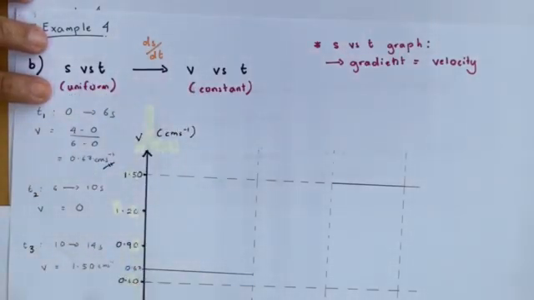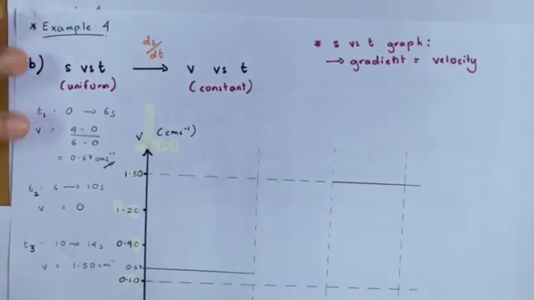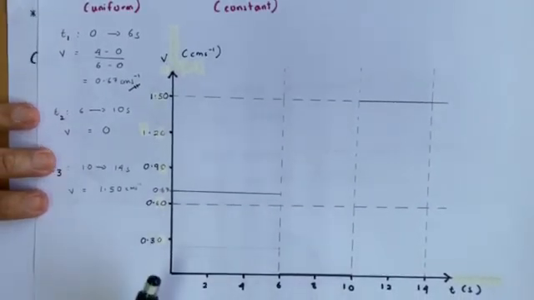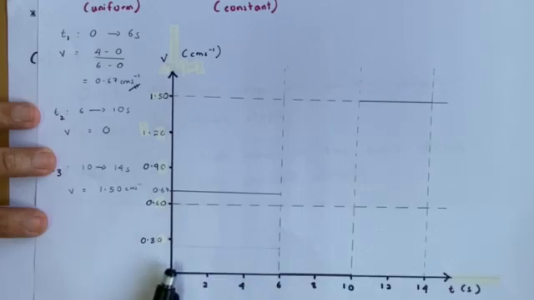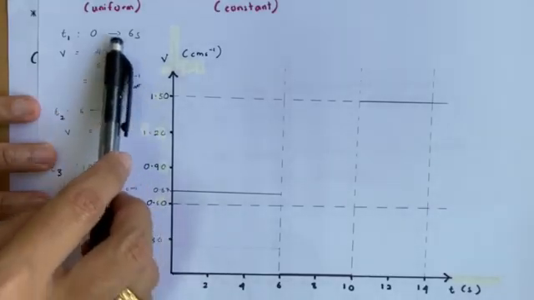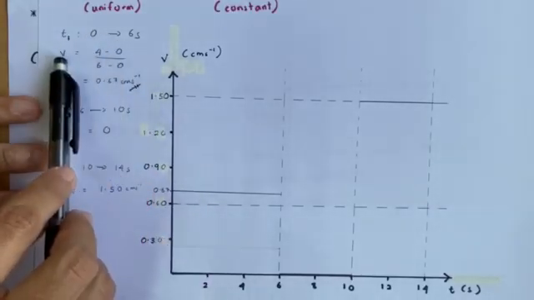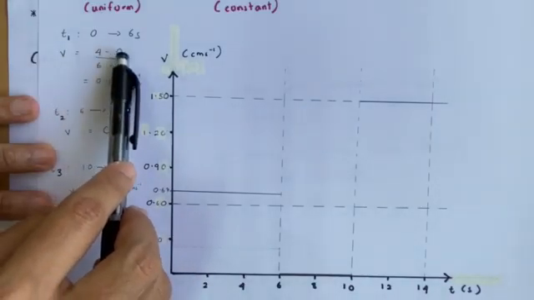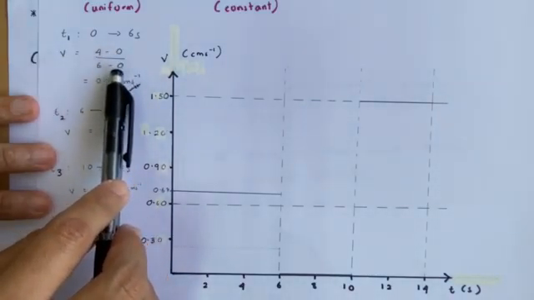What do I mean by a constant graph? Okay, let's see together. For the first time frame, that is from 0 to 6 seconds, our toy train is moving with a certain constant velocity. I'll show you the very first calculation here, where the velocity is equivalent to change in displacement divided by change in time.